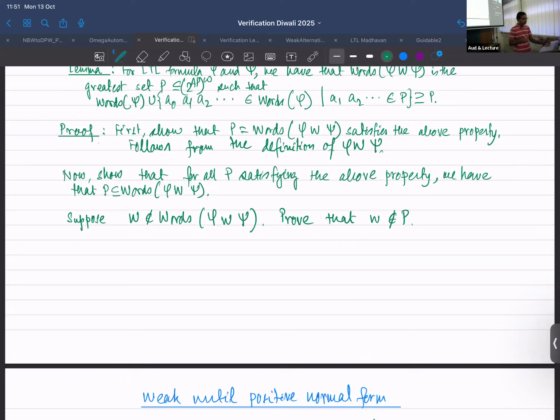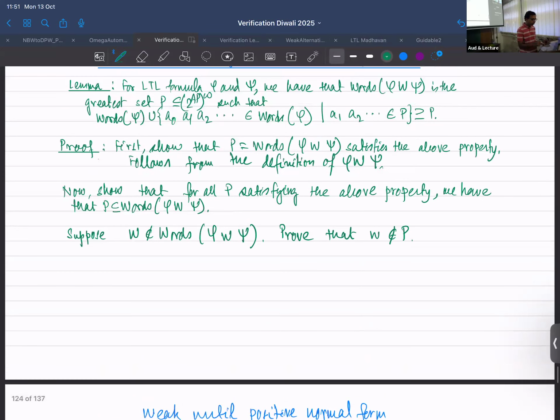So suppose w does not belong to words(phi weak until psi). Clearly, if this is the case, then this implies that w does not belong to words(psi).